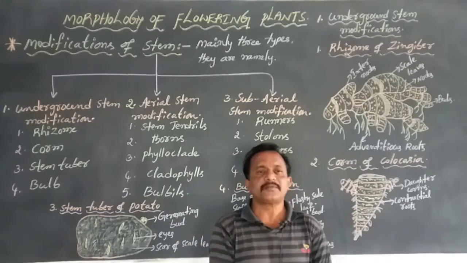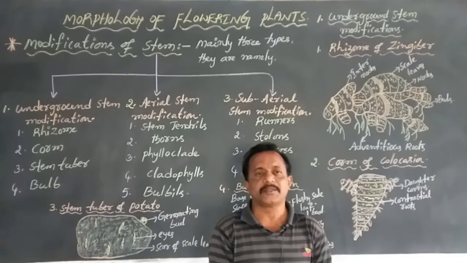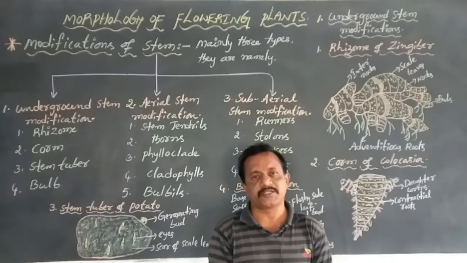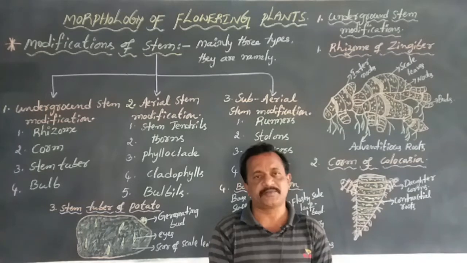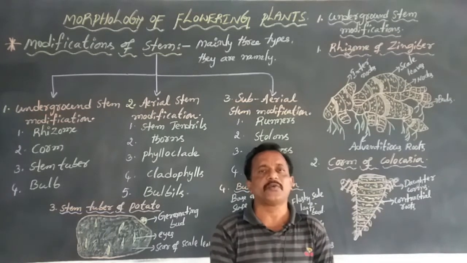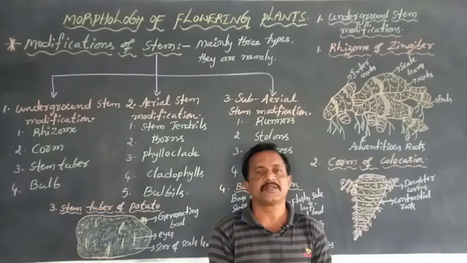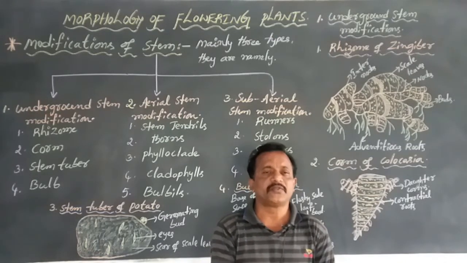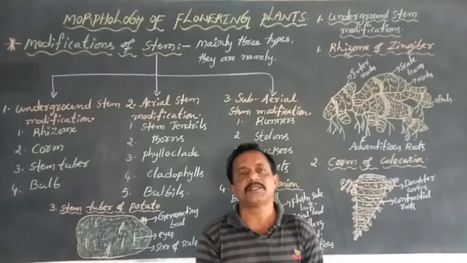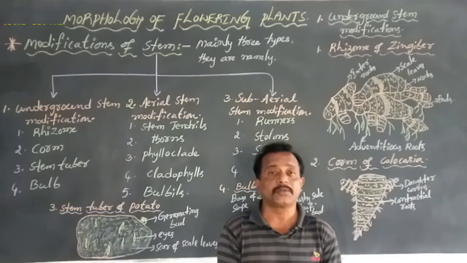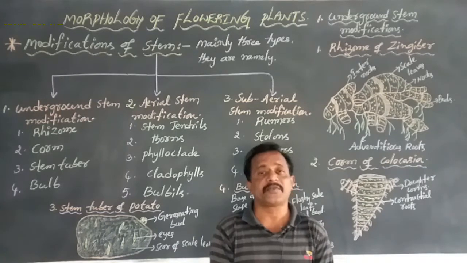But in some plants, roots are modified into specialized structures to perform new functions suitable for the environment, such as storage of food materials, respiration, nitrogen fixation and photosynthesis. These are named modifications of root, or root modifications.